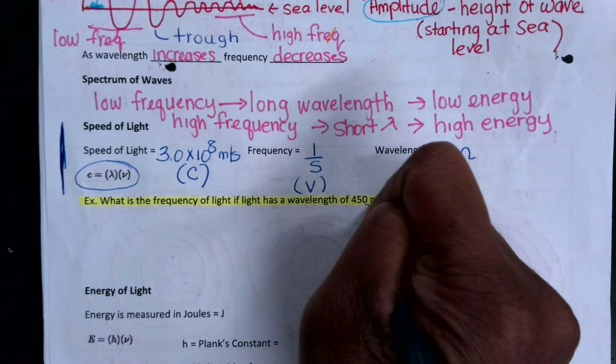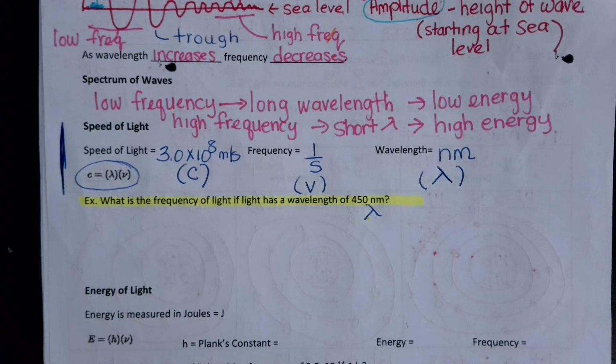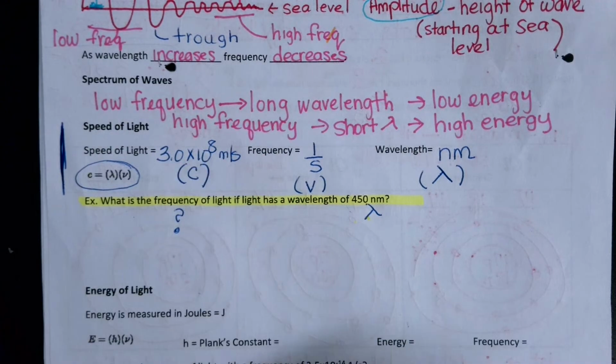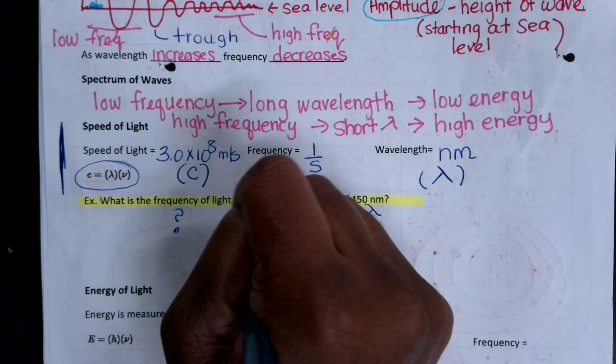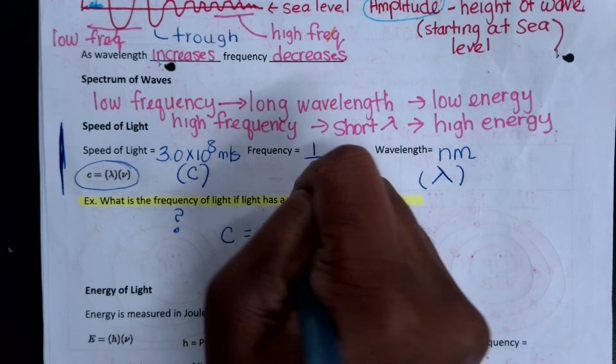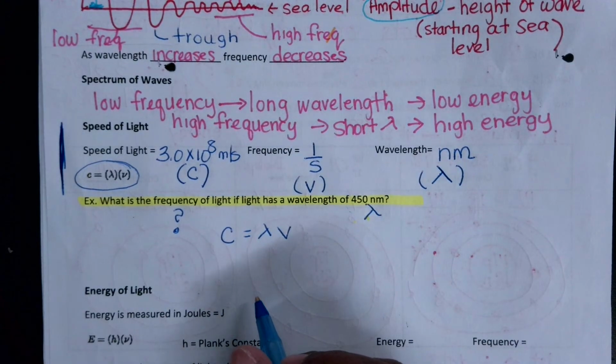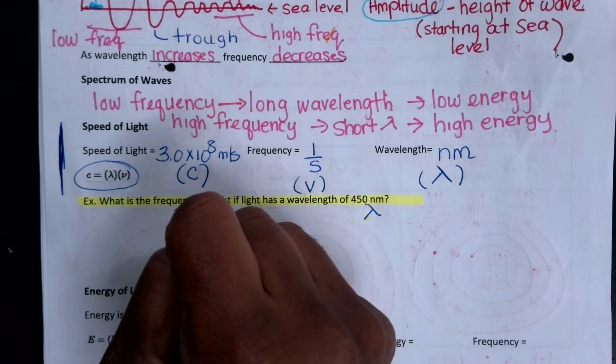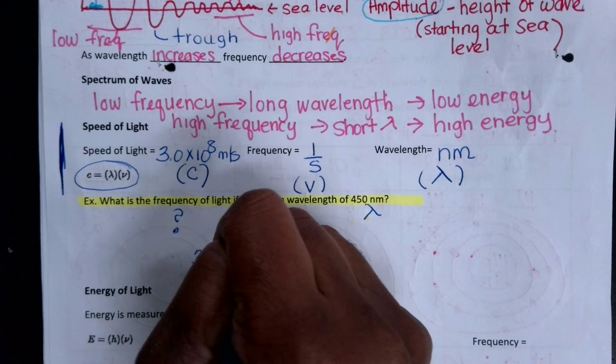So I'm going to put my slanted lambda. We don't know what frequency is. This is our formula that's right above it. Do we know what C is? Yep, the 3.0 times 10 to the 8th.